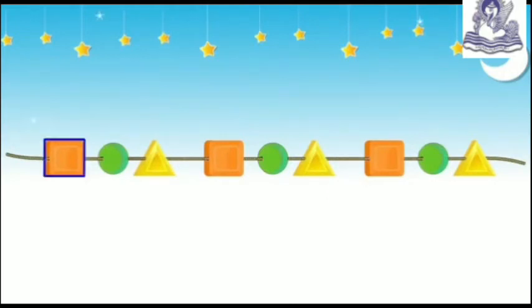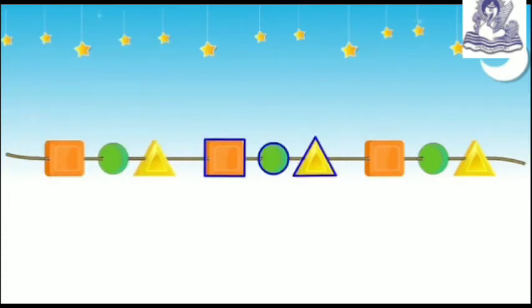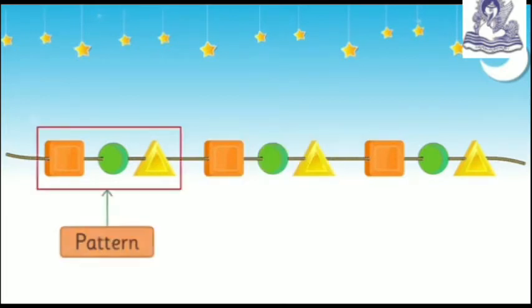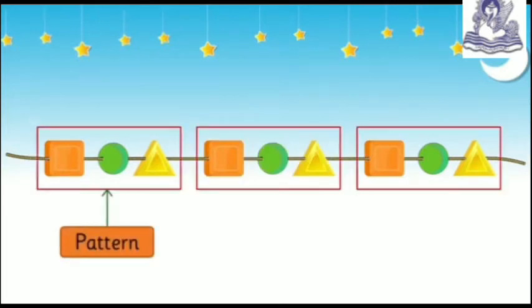We have a square, circle, triangle, square, circle, triangle, and so on. This is called a pattern. As it is repeating itself, look, we get the pattern.